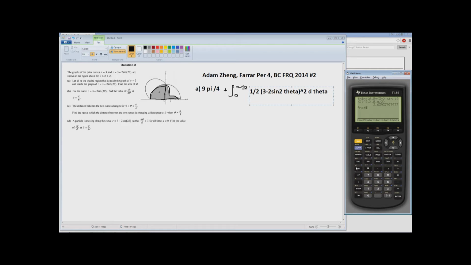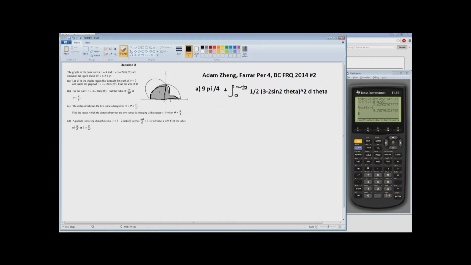So now we just add this to 9 pi over 4. And that should give us the answer of 9.707. Or if you use rounding, 9.708. We don't have to use units here, so we're done.